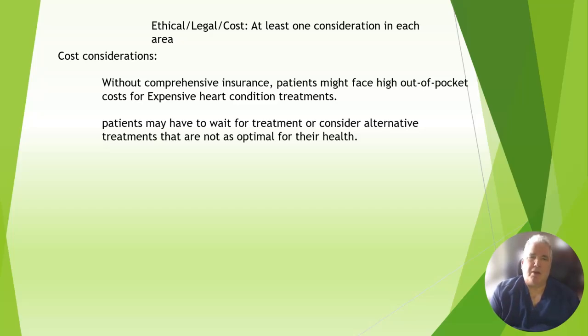Without comprehensive insurance, patients might face out-of-pocket costs and expensive heart condition treatments, which makes it very difficult for them to be treated. Patients might have to wait for treatment or consider alternative treatments that are not as optimal for their health, which I already said. They will look for things the system is not going to help pay for.